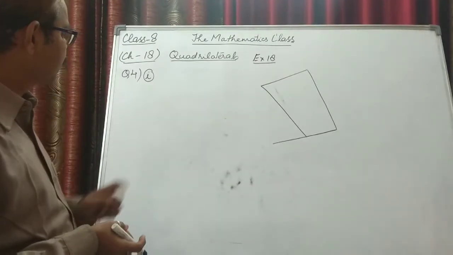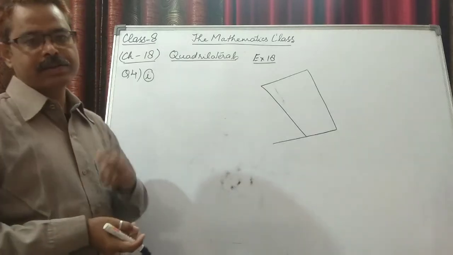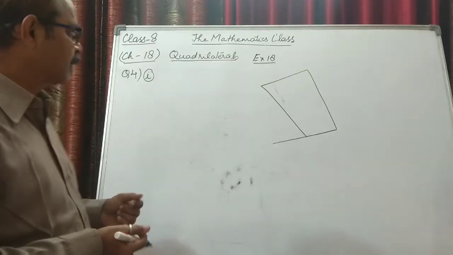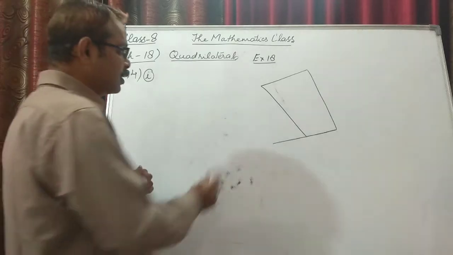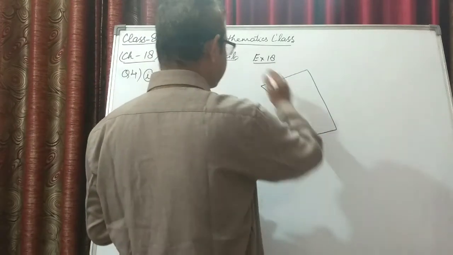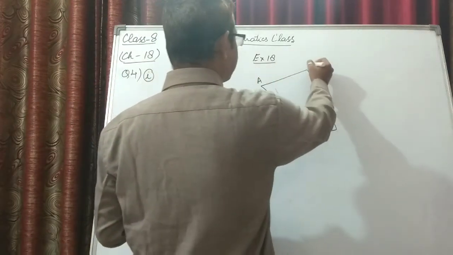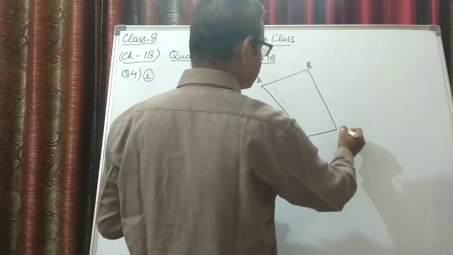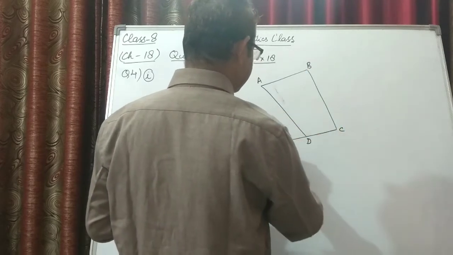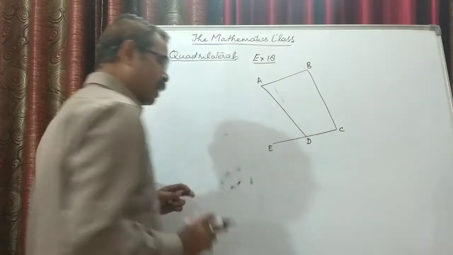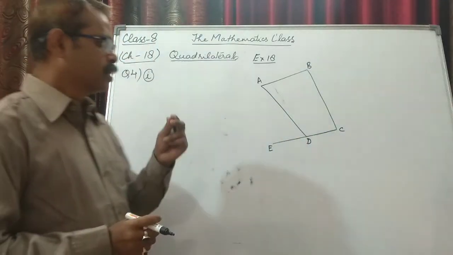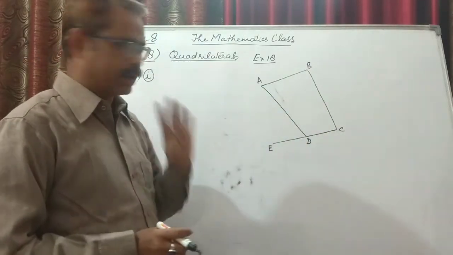Now the next question that I have taken is question number 4, and that is completely based on the diagram. And they say in this question, find the unknown angles. So there is something, let us say this as A, B, C, D and E. You can see ABCD is something like a quadrilateral because it is bounded by 4 straight lines.